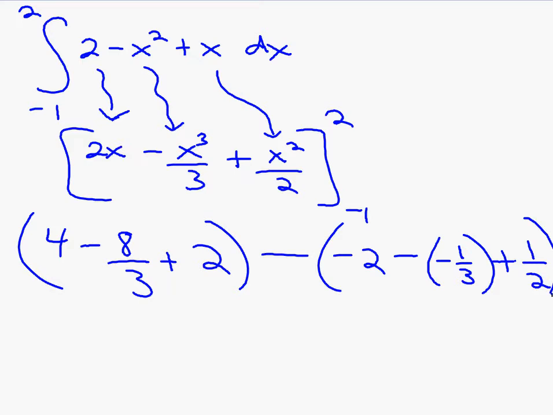So over here I've got 6 minus 8/3. This is going to become a plus 1/3. But I'm subtracting everything in there, so this is going to become plus 2 minus 1/3 minus 1/2.